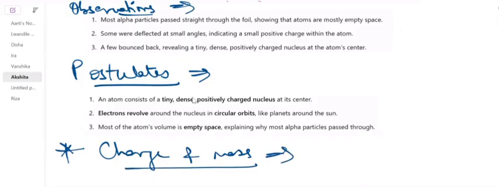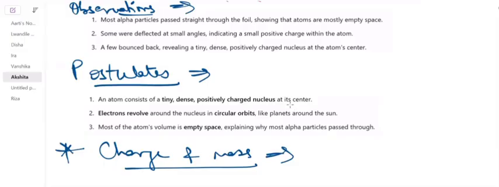So this is the justification: most alpha particles went through, some were deflected at small angles, and a few bounced back, revealing a tiny, dense, positively charged nucleus at the atom's center, which concluded that an atom consists of a tiny, dense, positively charged nucleus at its center. Understood?